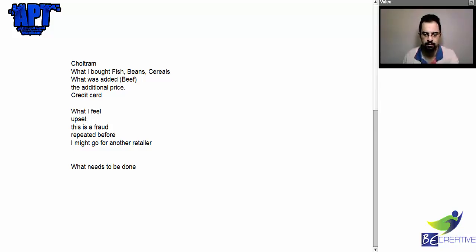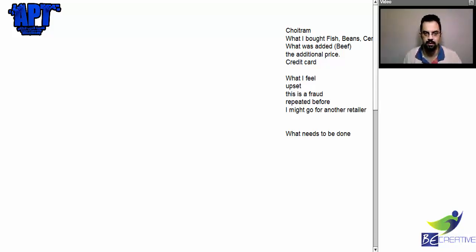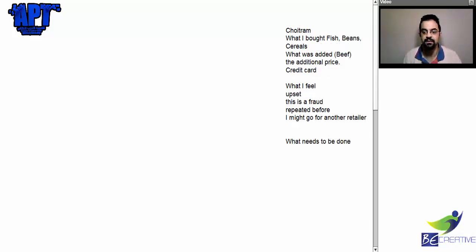My apologies, which means that I need to have something done with it, because otherwise, every time I buy from this supermarket, I will be charged more than I bought on my credit card. So check my credit card info in the registers in the supermarket.